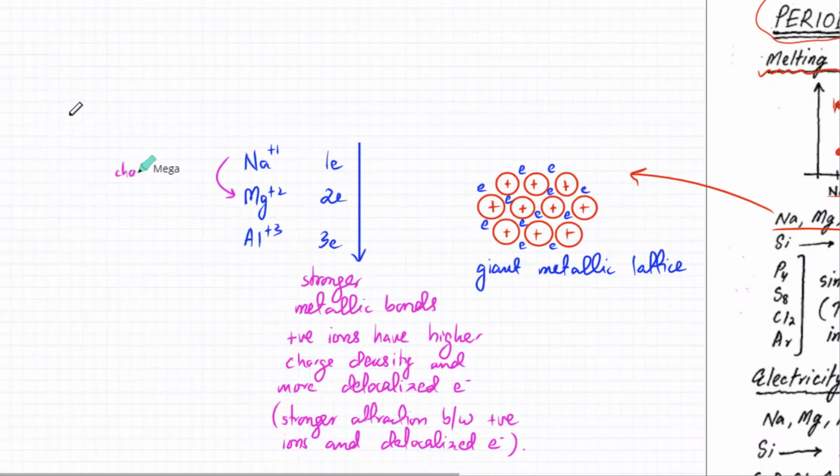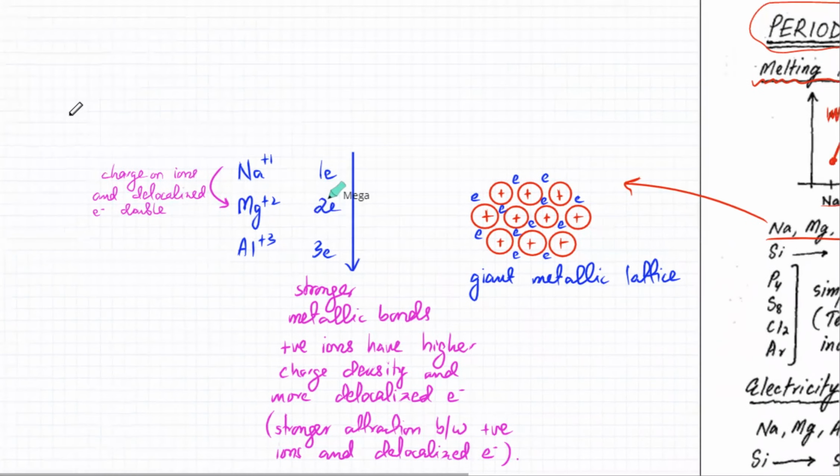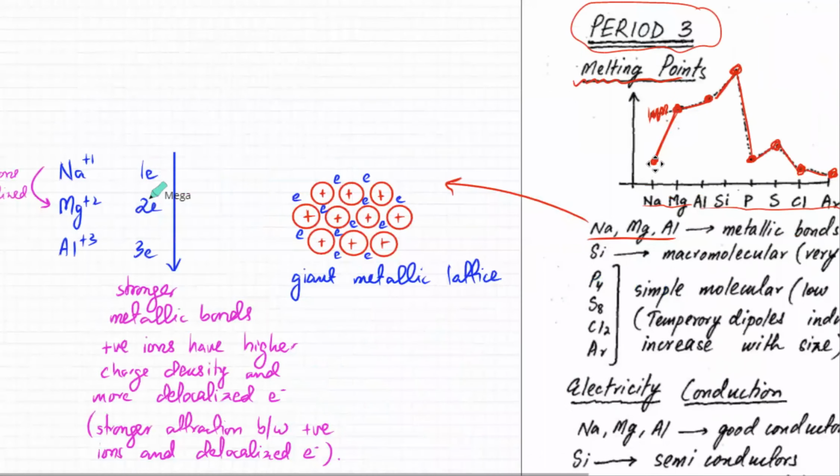So the charge on the ions and the number of delocalized electrons double, which is why there's such a huge difference between the melting points of Na and Mg. But why not between Mg and Al?